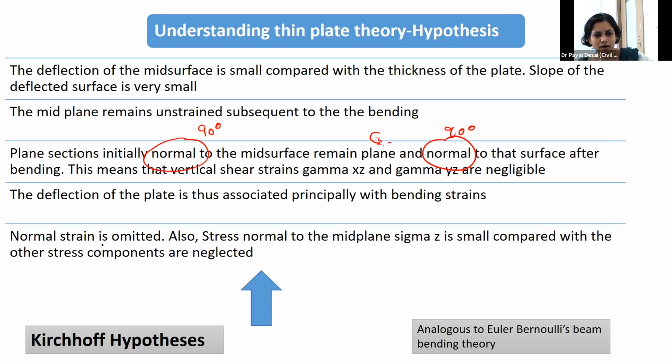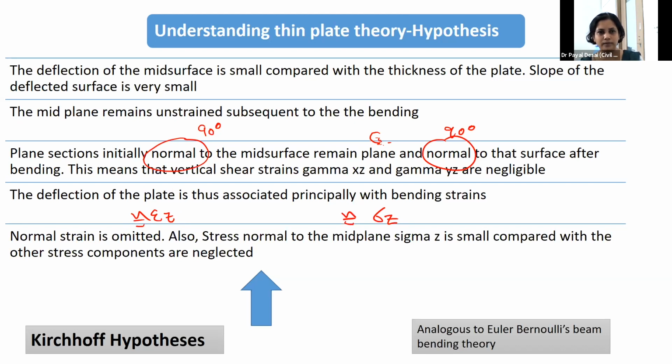Then normal strain is omitted. The normal strain is of course epsilon z, and because the thickness is small, with reasonably good accuracy we can assume that. In the case of a beam also, you must have read somewhere that we can neglect sigma z, the stress and strain in the z direction.